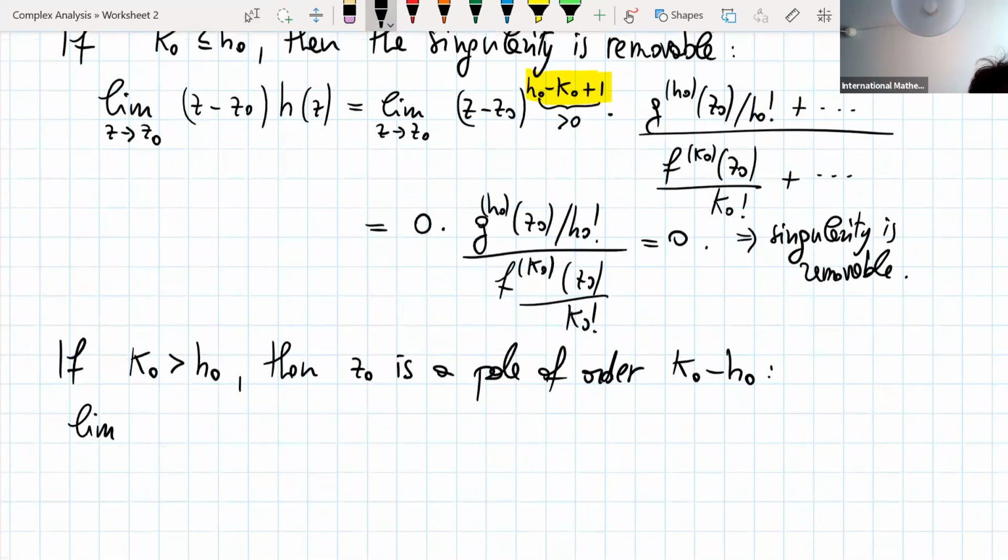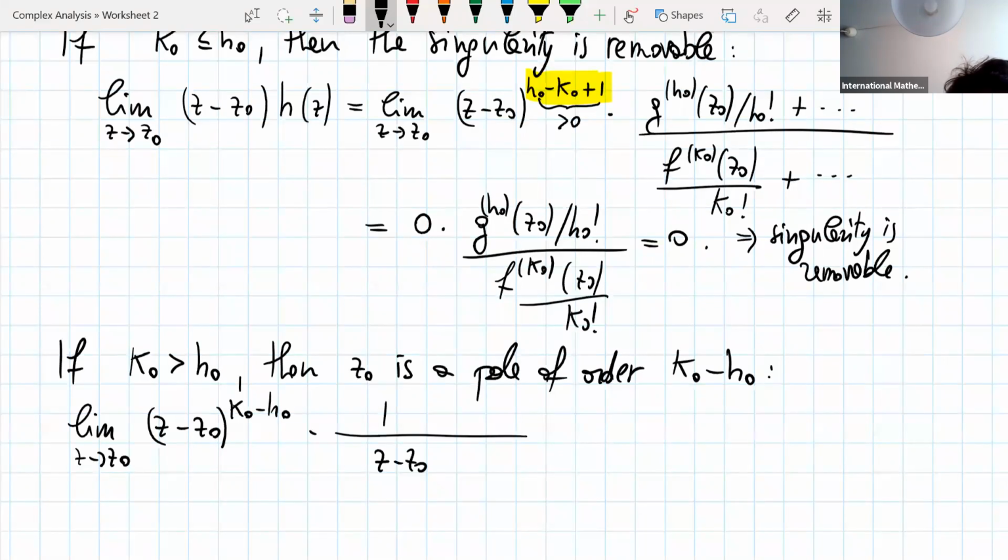It's enough to compute the limit of (z minus z0) to the k0 minus h0 times the function h(z), which we saw this is (z minus z0) to the k0 minus h0. And here come these other terms.